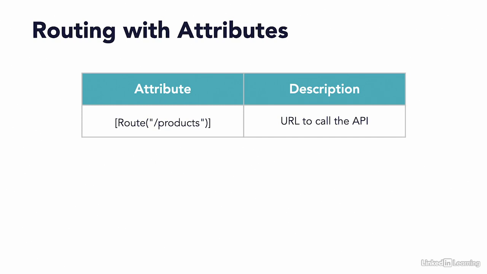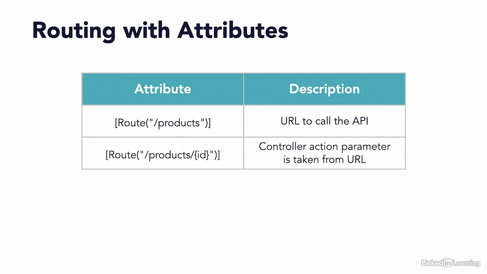If we would like to have parameters as part of the URL, and there'll be more on that later, we could use this syntax. So use Route("/products/{id}"), with ID in curly braces. And this marks ID as the placeholder name for what follows in that part of the URL.